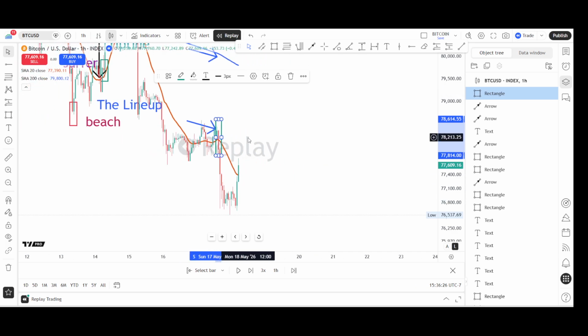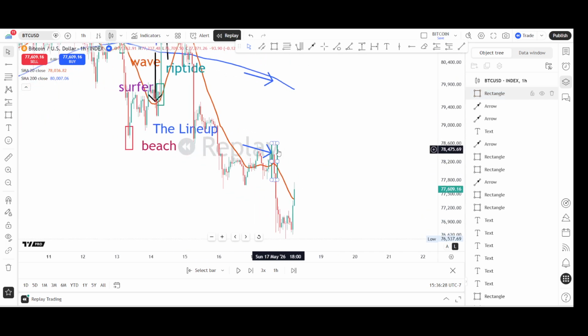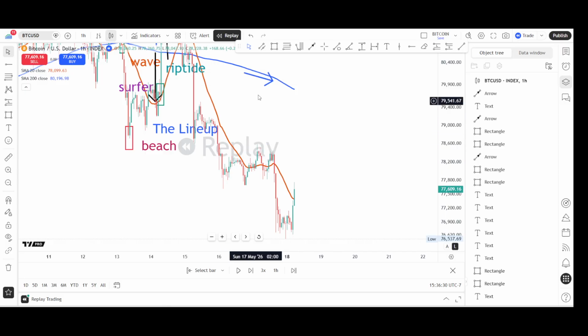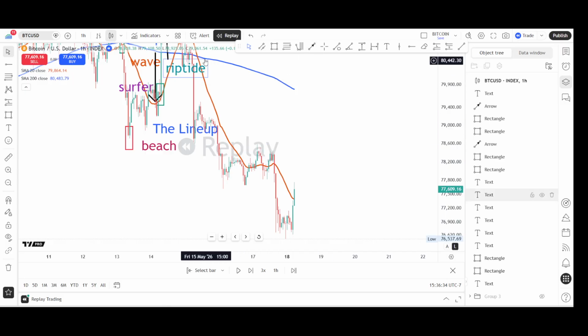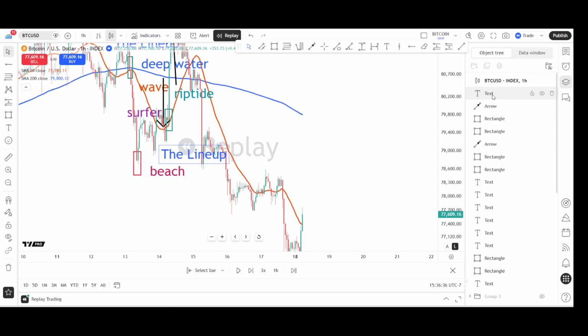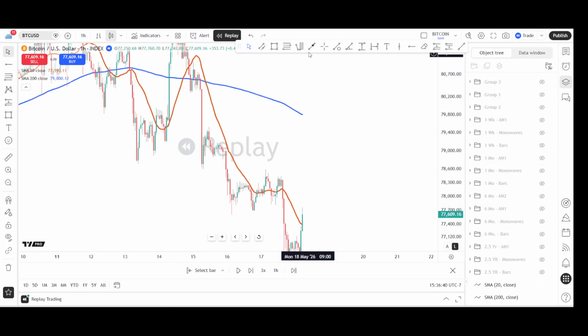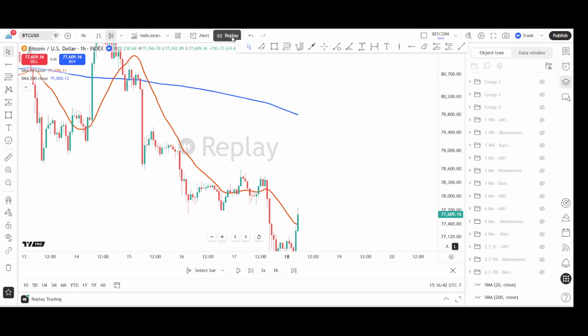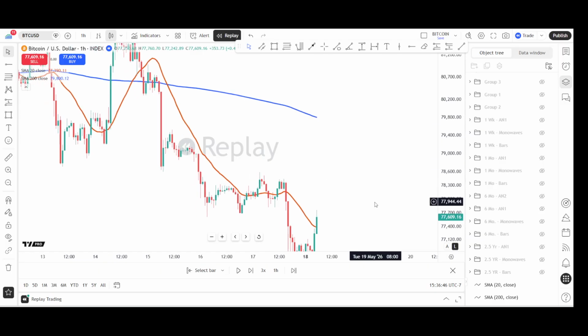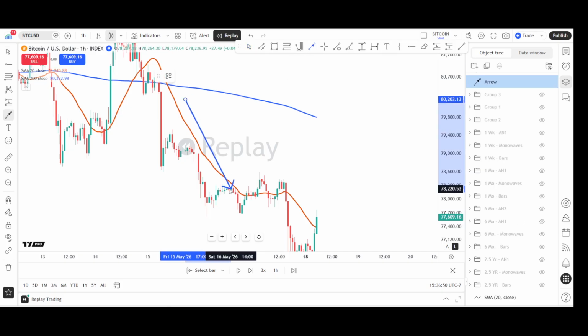Now, we sometimes are going to have the market go wide like this. Let's get rid of all this stuff here. Sometimes we're going to have the market go wide. Actually, I'll leave the replay on there right now because if I get rid of it, it's going to throw me off on the chart. So the market clearly went wide.